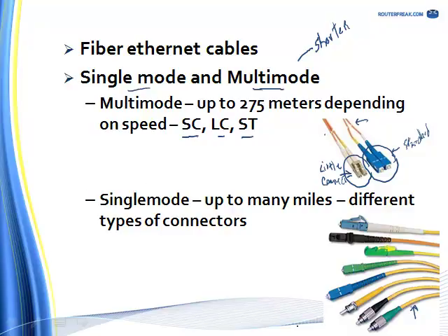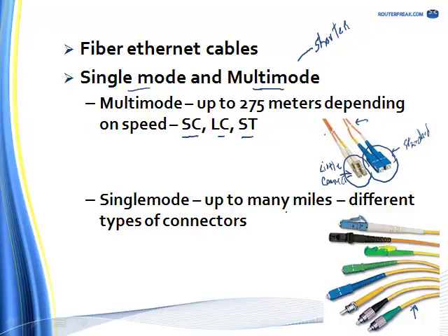You'll see all these different types of connections on these cables on both multi-mode and single mode fiber. Single mode, like I said, is your long haul cable, and that can travel many, many miles.